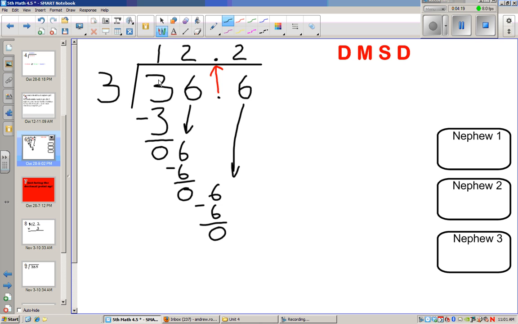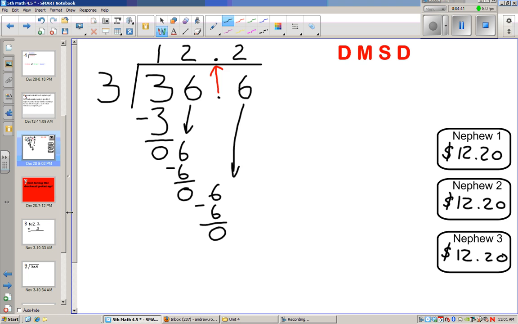And now 12.2, or 12 and 2/10, well, in money, that would be $12.20. And so I'm thinking that if every nephew gets $12.20, this is making a little bit more sense to me. I think this amount could actually work.